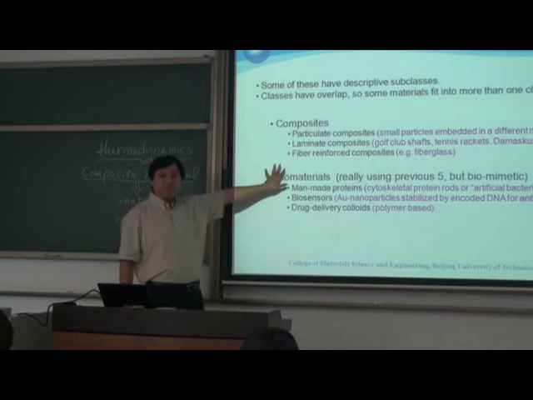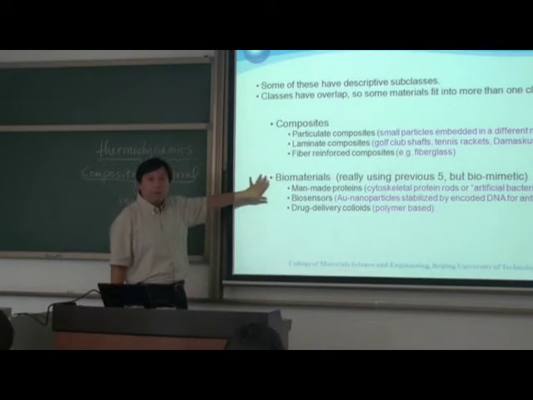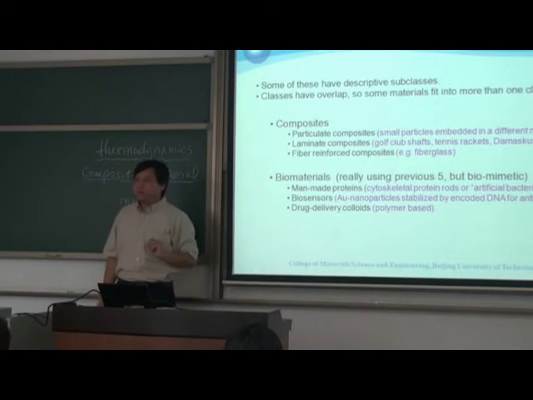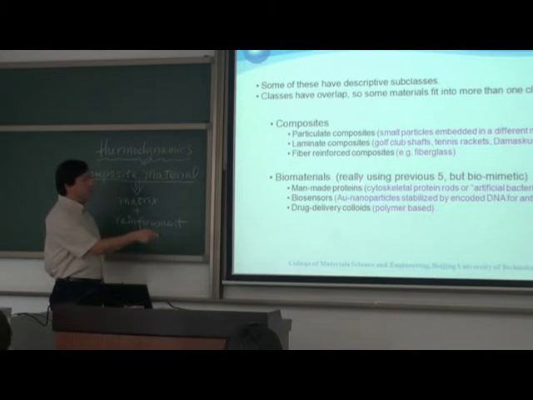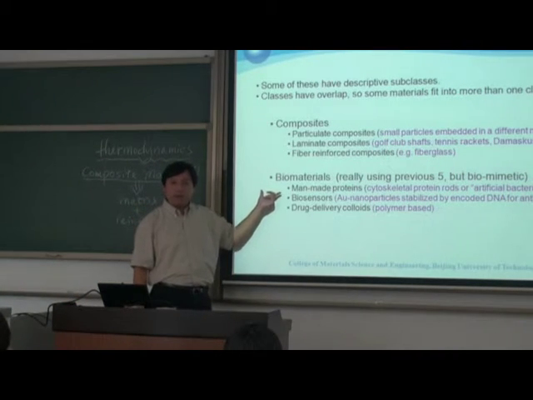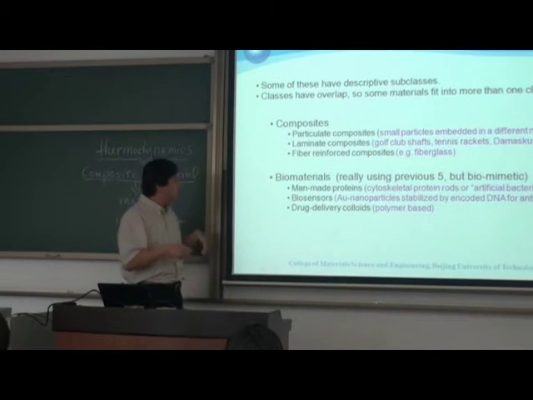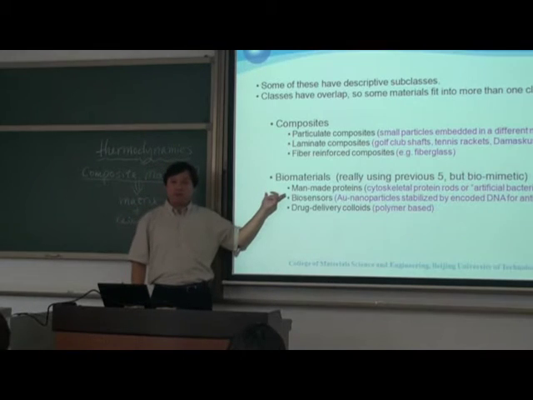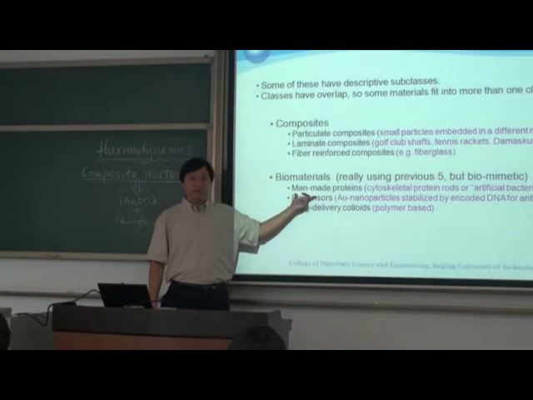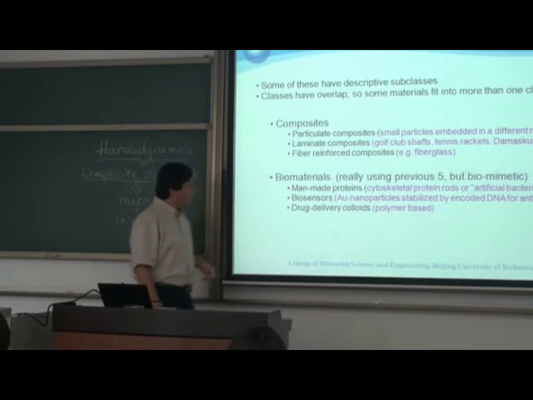Then based on these 5 types, recently people always add another category of materials, like biomaterials. This is also a very, very hot topic. It spends a lot of research funding in the world. So biomaterials. What are biomaterials? Anything related to life or to medical services.